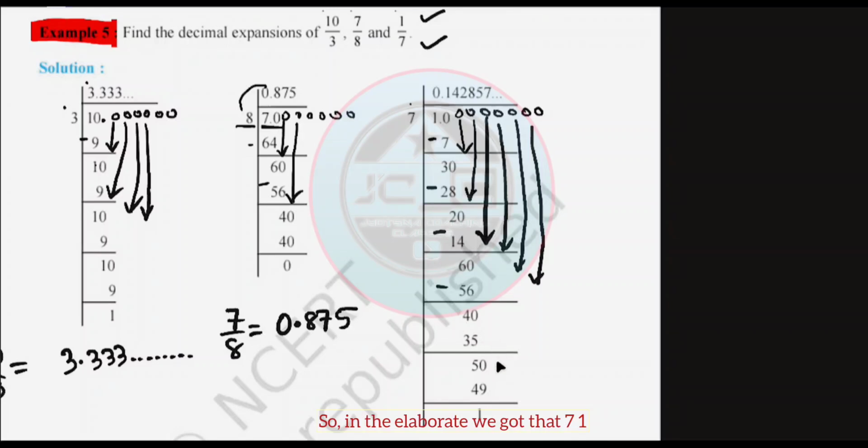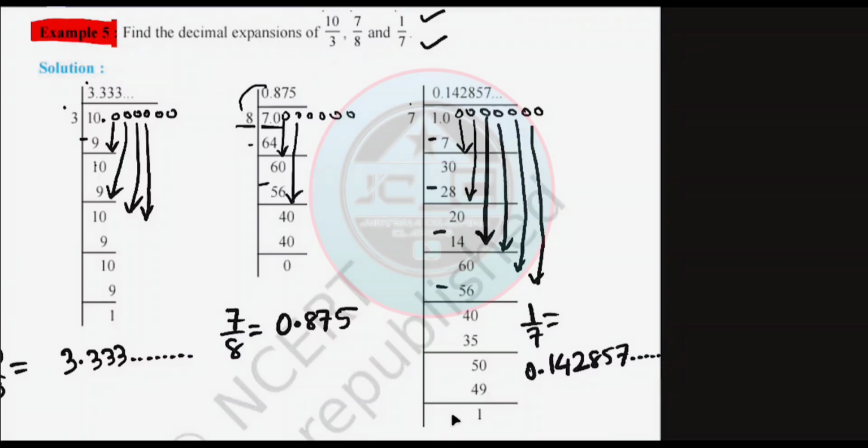So we get that 1 upon 7 is 0.142857 and it continues.